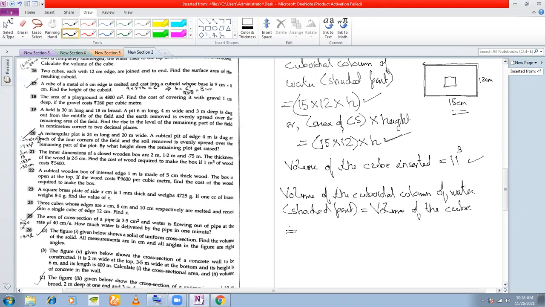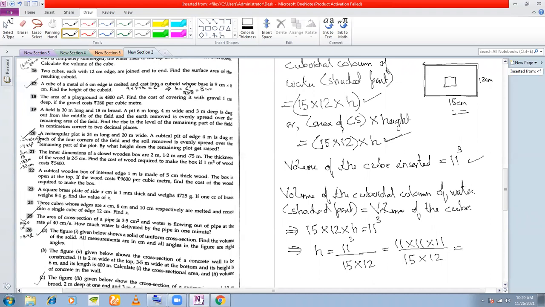That means you have 15 into 12 into h must be equal to 11 cube. Now from here you can find out the value of h. Divide both sides by 15 into 12. h equals 11 cube divided by 15 into 12, which is equal to 11 into 11 into 11 over 15 into 12. Anything cancel? Nothing will cancel here.